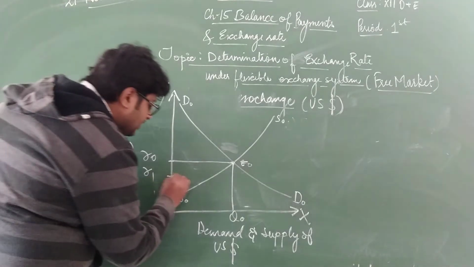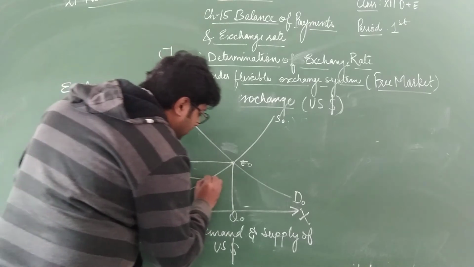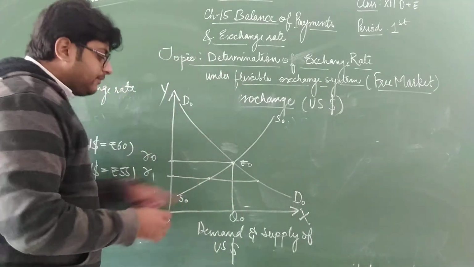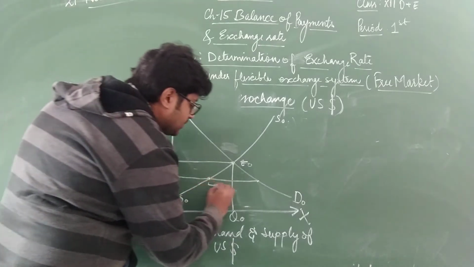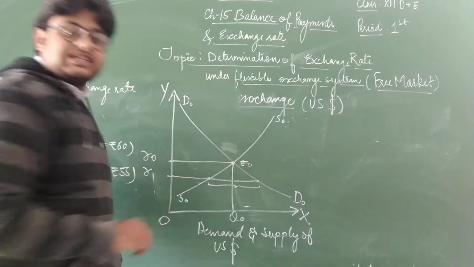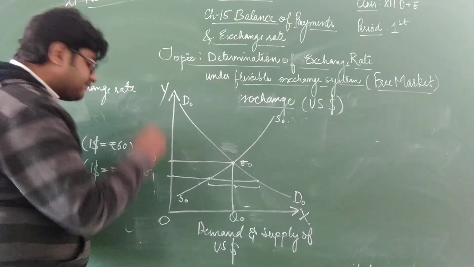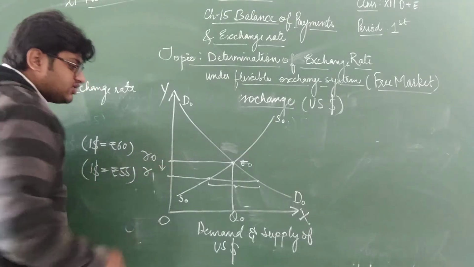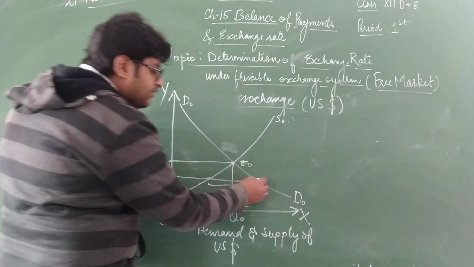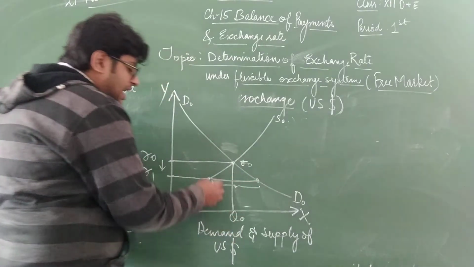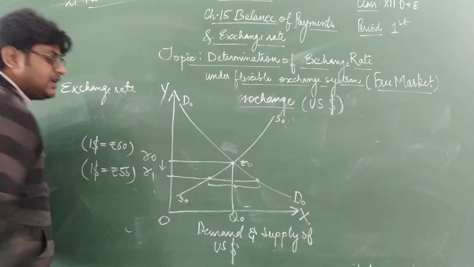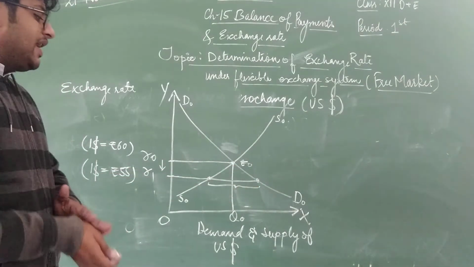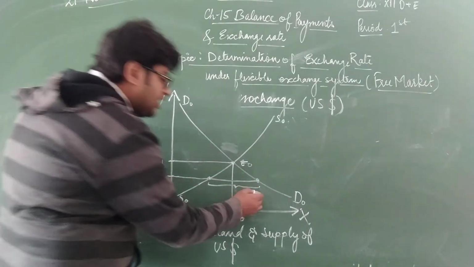So this will create a situation of excess demand for US dollars, because when the exchange rate falls, the demand for US dollars will increase and the supply of US dollars will decrease. So it will lead to the problem of excess demand for US dollars.